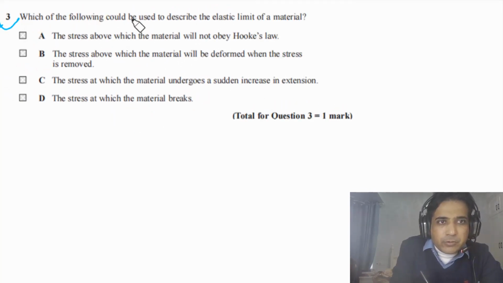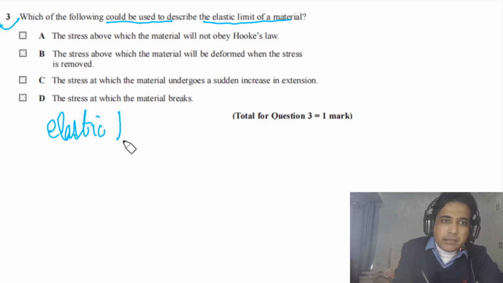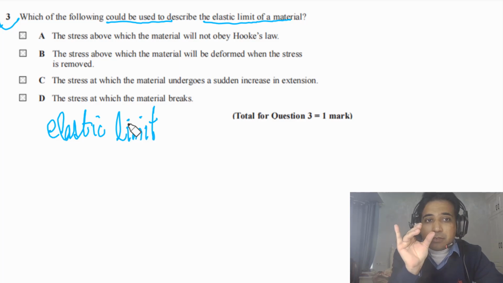Question 3 says, which of the following could be used to describe the elastic limit of a material? First of all, let's understand what is meant by elastic limit. Elastic limit means the end of elastic deformation.